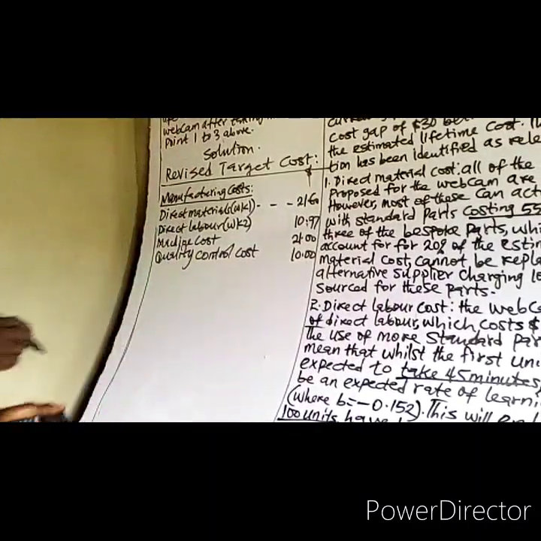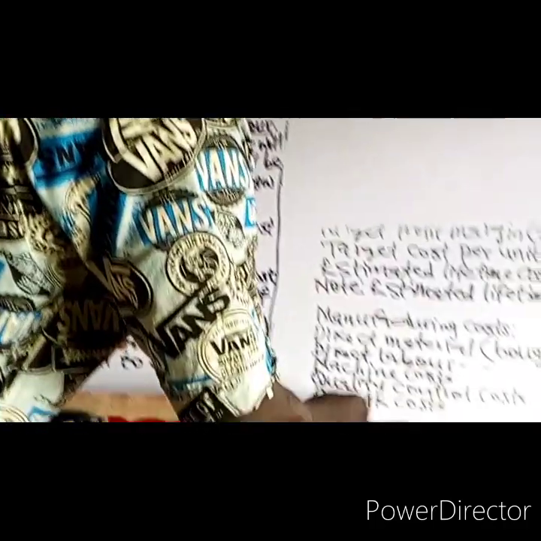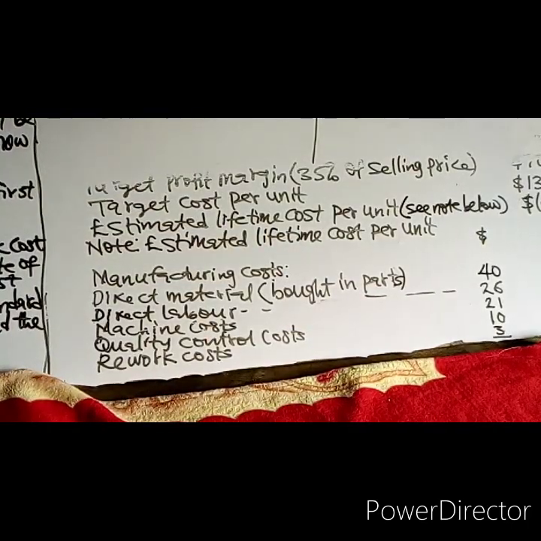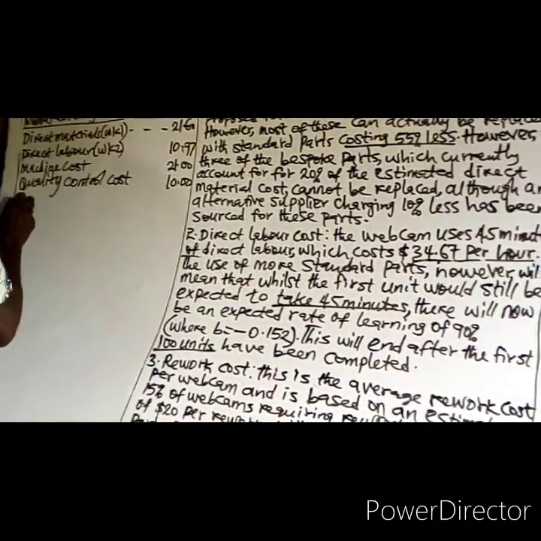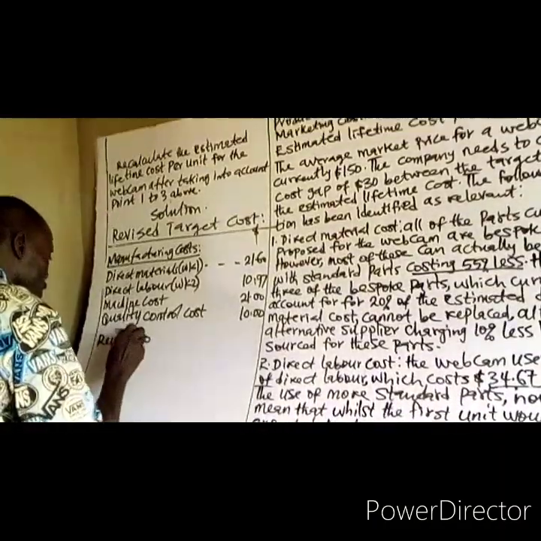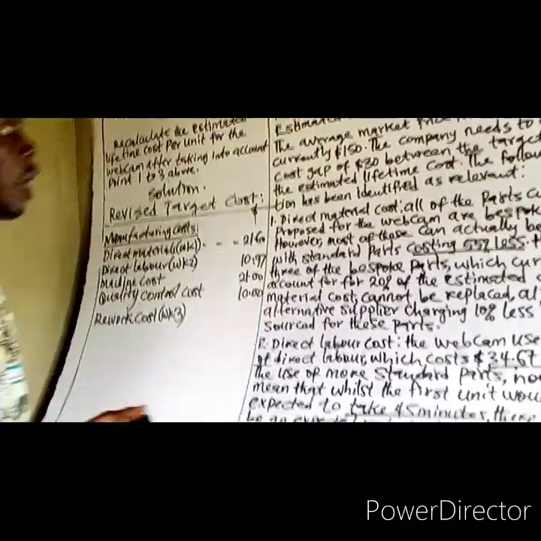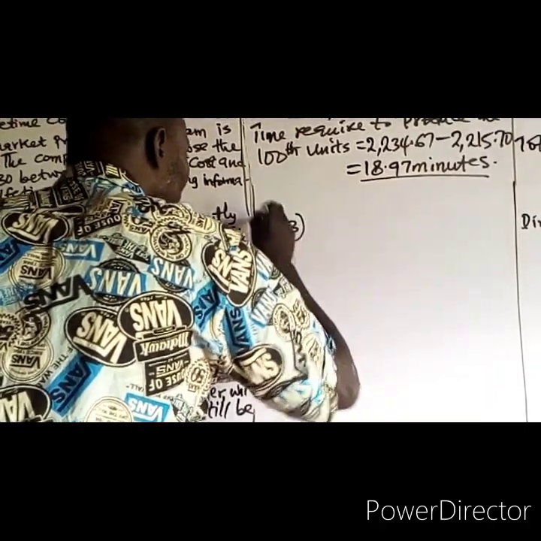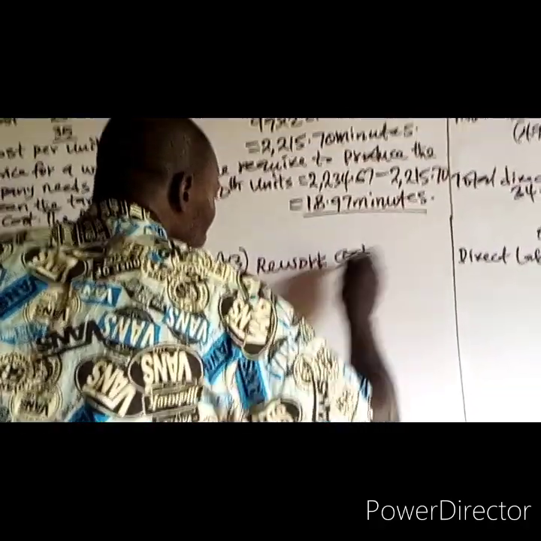There is no note on that. Then we also have rework cost, and we have that in note 3. Let's have that as working 3.